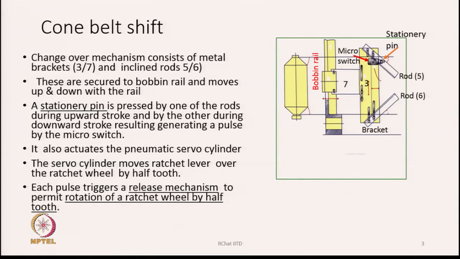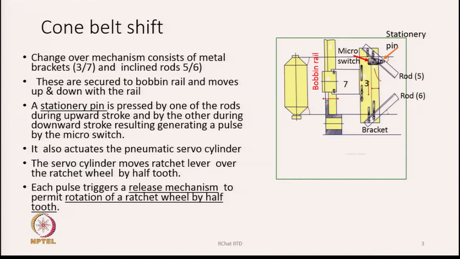As soon as it is pressed, a pulse is generated by the micro switch, and it also actuates the pneumatic servo cylinder. The servo cylinder moves the ratchet lever over the ratchet wheel by half a tooth.